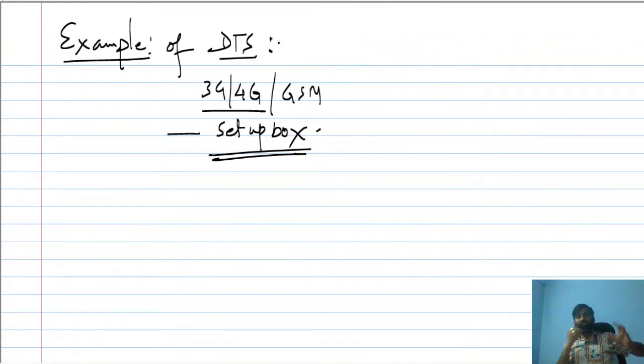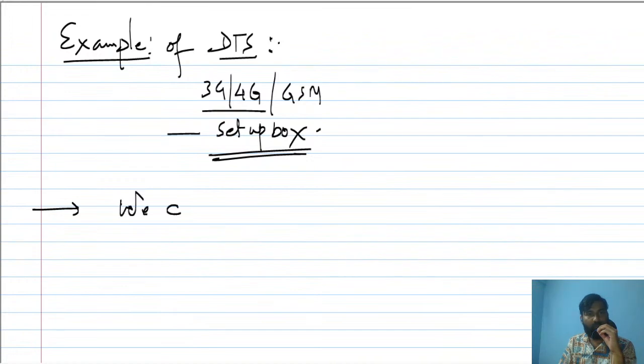So if somebody asks how we can obtain a discrete time signal, or discrete time sequence, from continuous time signals, what will you say?